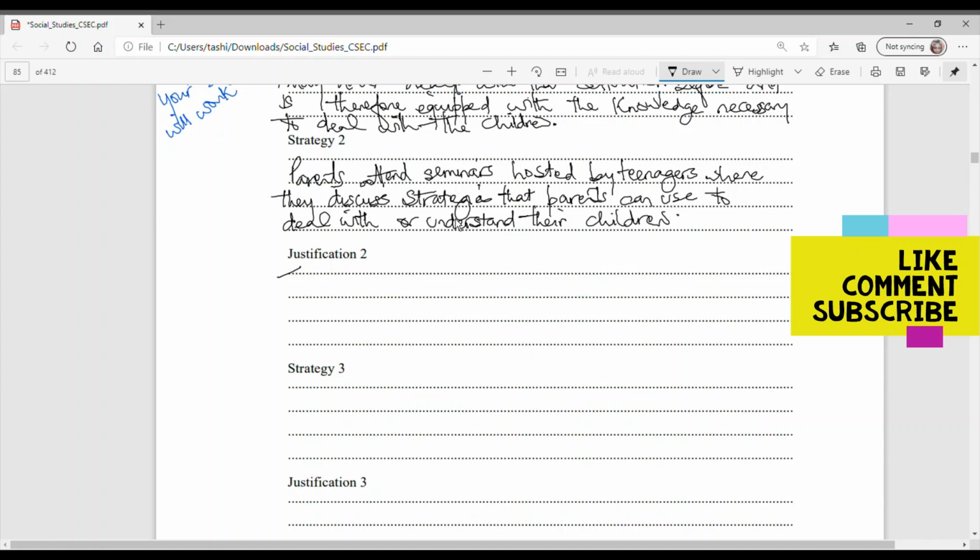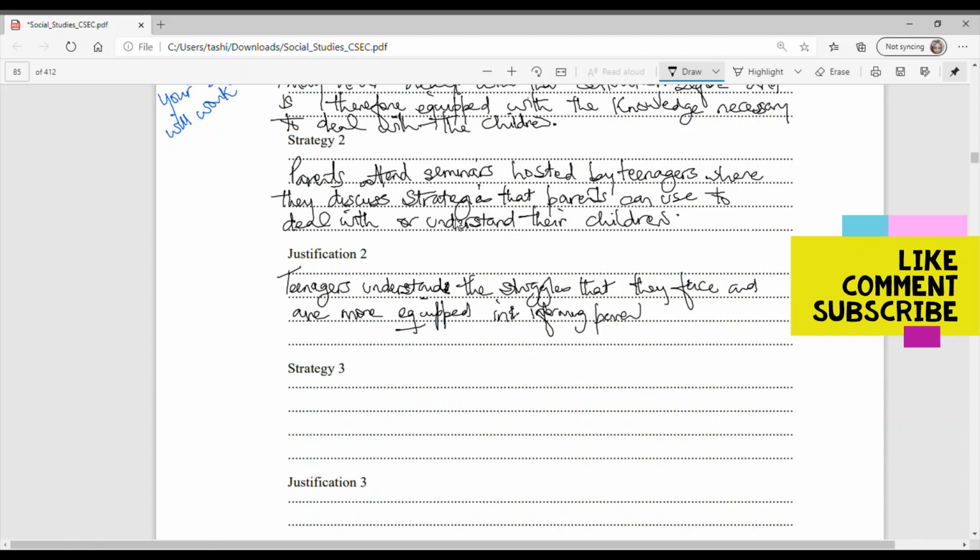Now my explanation would be that teenagers understand the struggles that they face, no S, understand the struggles that they face and are more equipped in informing parents of what they know will work in order to reach them successfully.